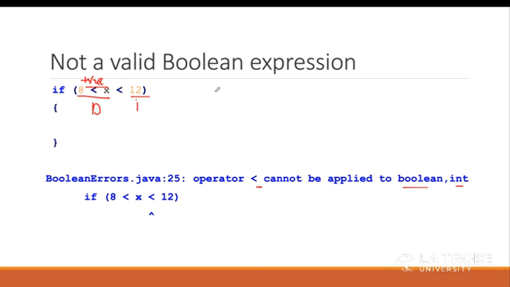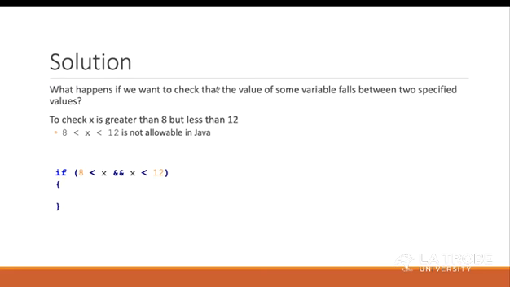So how can we do it? Let's say I want to compare a range, to check whether x is greater than 8 and less than 12. In order to do that, the solution is to use and. If you want to check that some variable falls between two specified values, say x is greater than 8 but less than 12, you need to use the and operator.